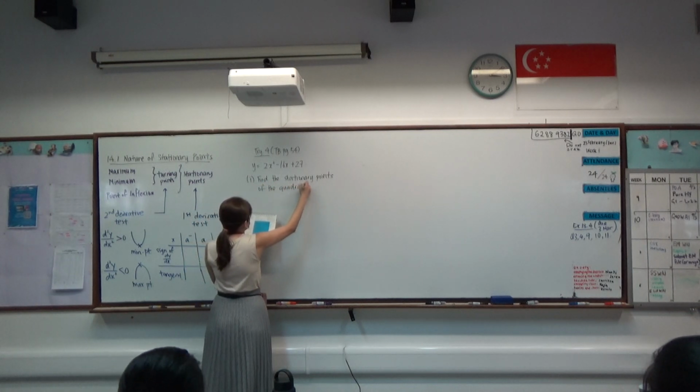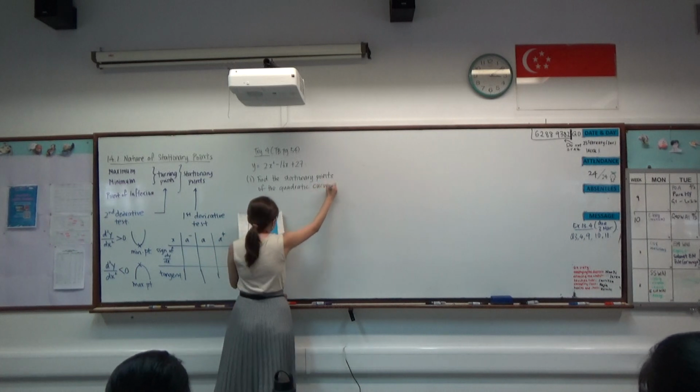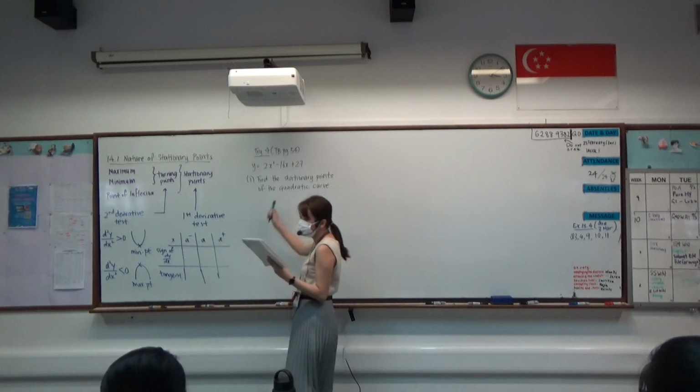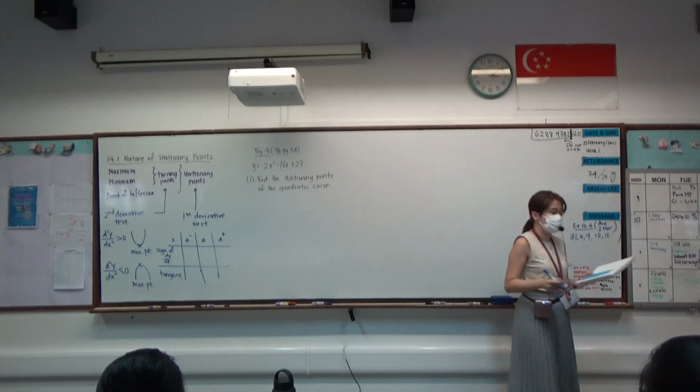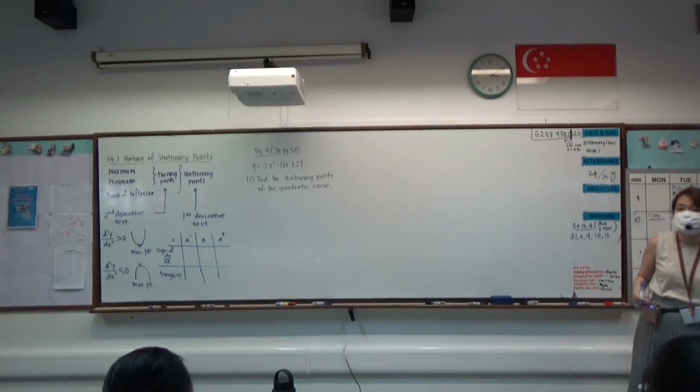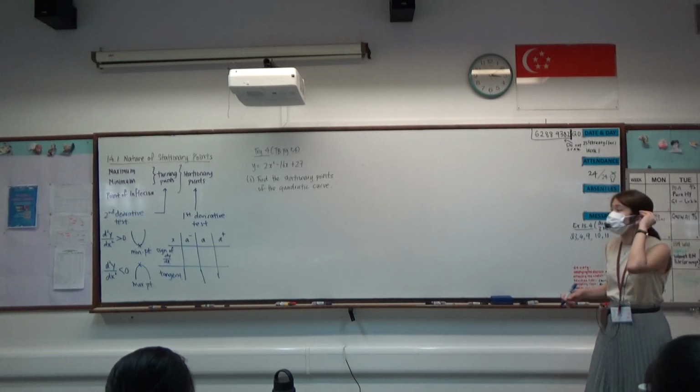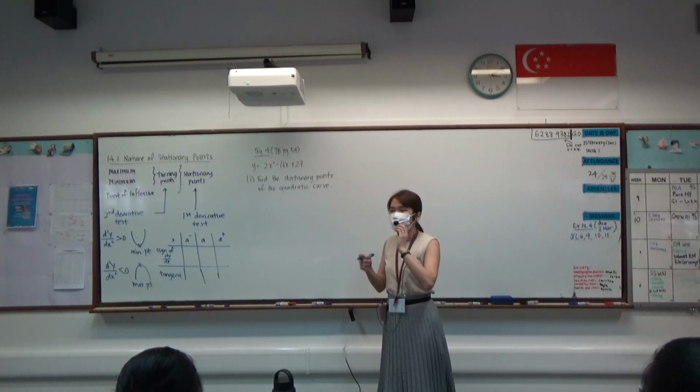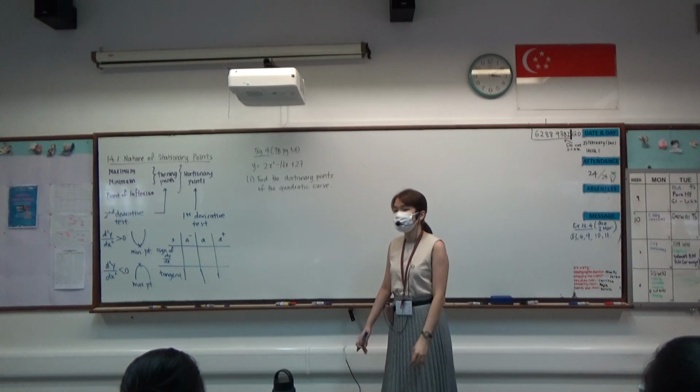Okay, so we covered this yesterday. How do we go about finding the coordinates of the stationary points? What is it that we must do? Say, what do you think?